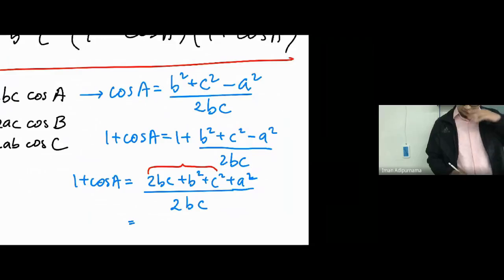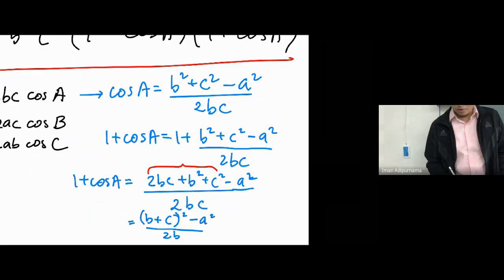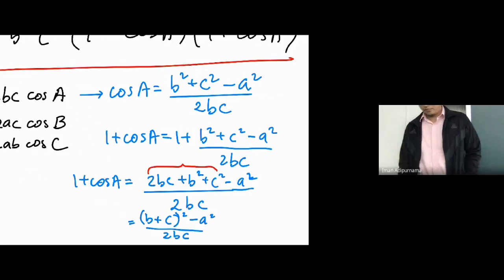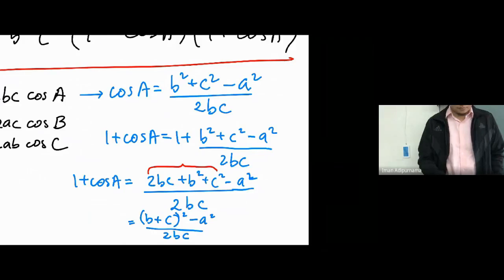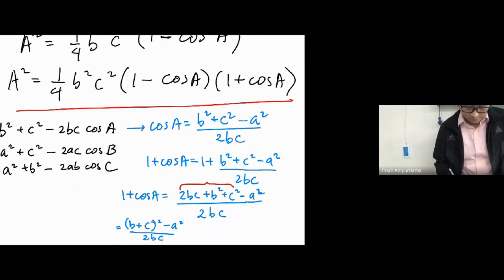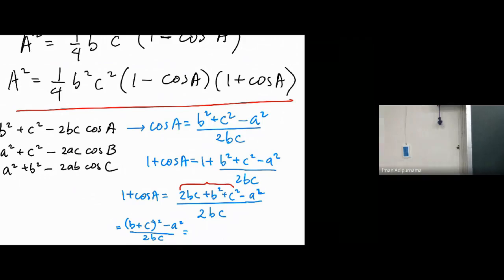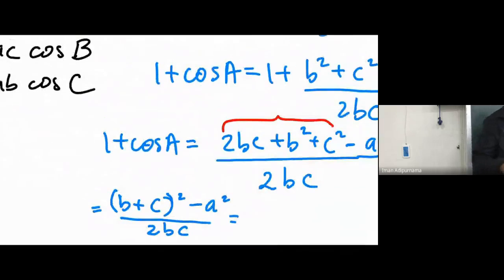So this will be b plus c squared minus a squared, divided by 2bc.